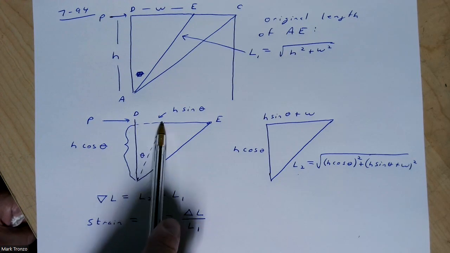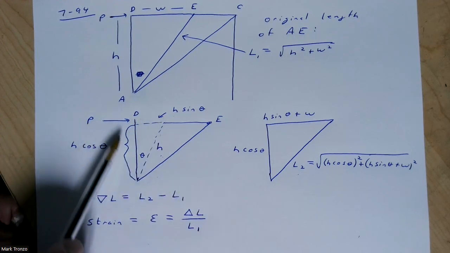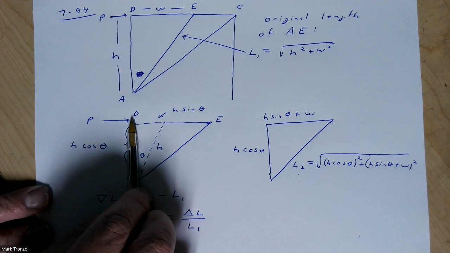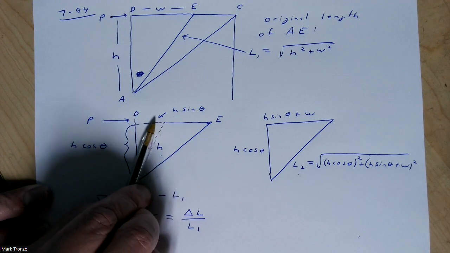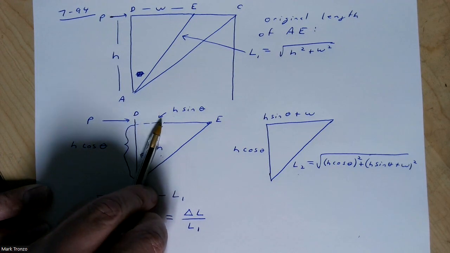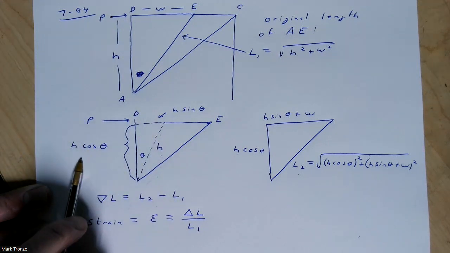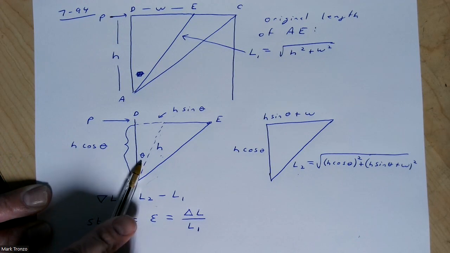After that's been moved, this top would have gotten pushed H sine theta. The side would have gone down: it was tall here, and when you push it, it went down a little bit. So that's its new height, H cos theta, whatever your theta was.